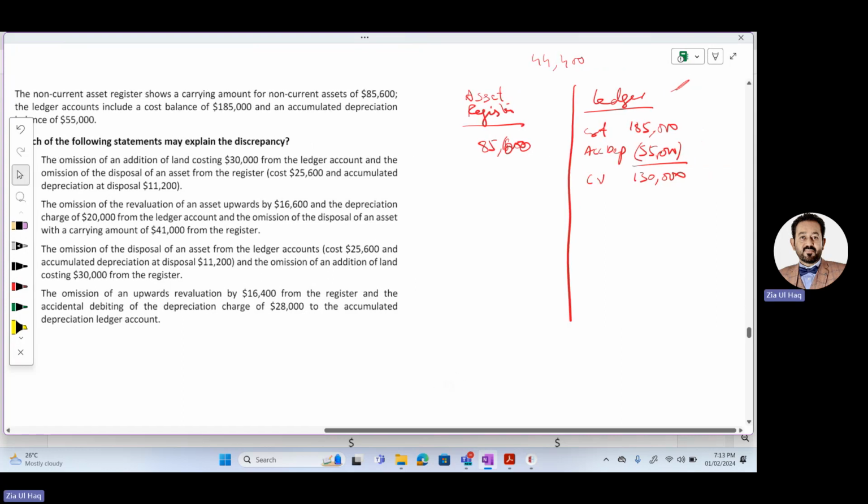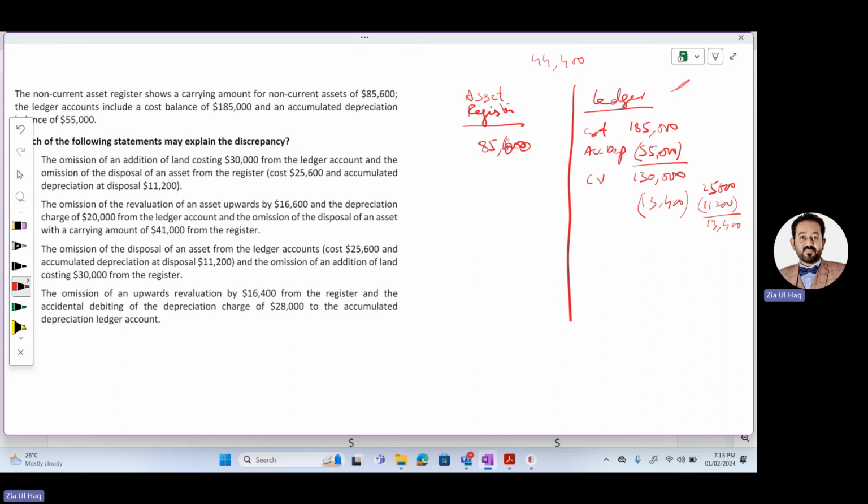Yes, we could say there is an omission of disposal. So there was an asset disposed with 25,600. That accumulated depreciation was 11,200. How much is the carrying value? Because we are maintaining the carrying value in the ledger, 13,400. This means this 13,400 should be eliminated from this.